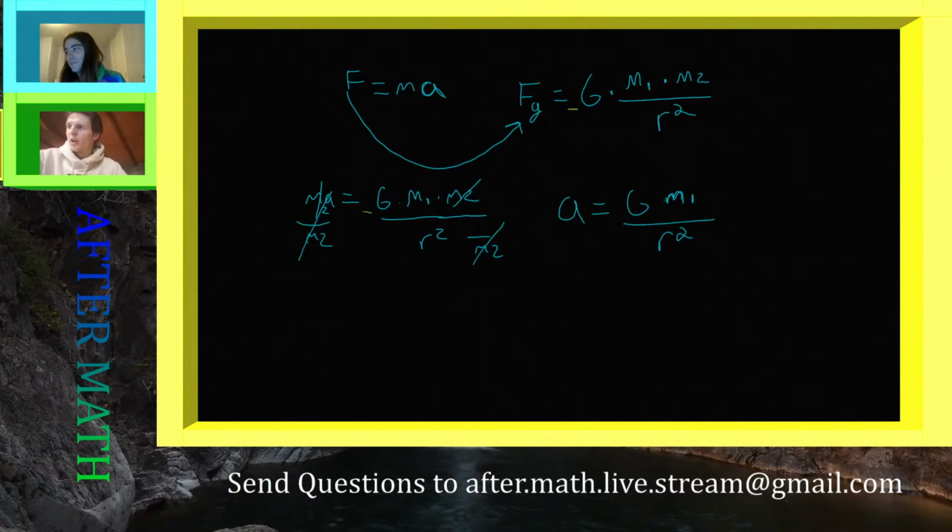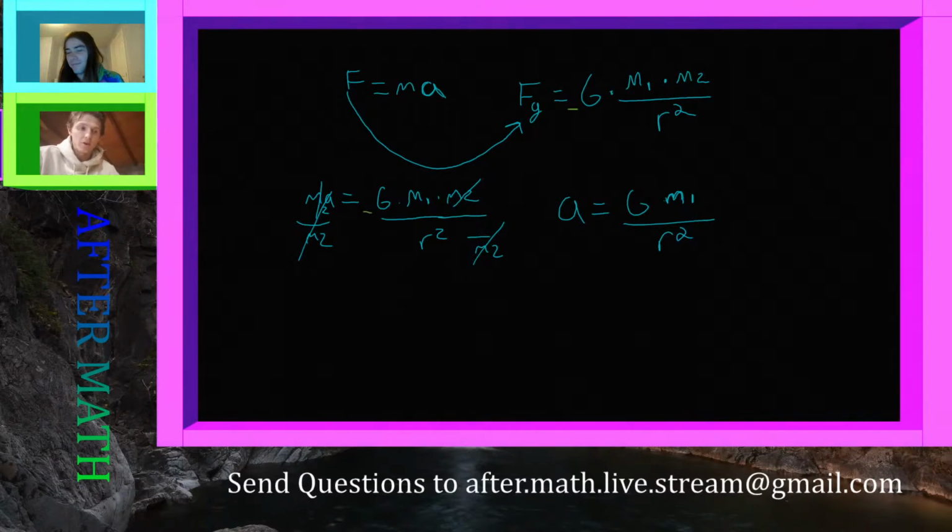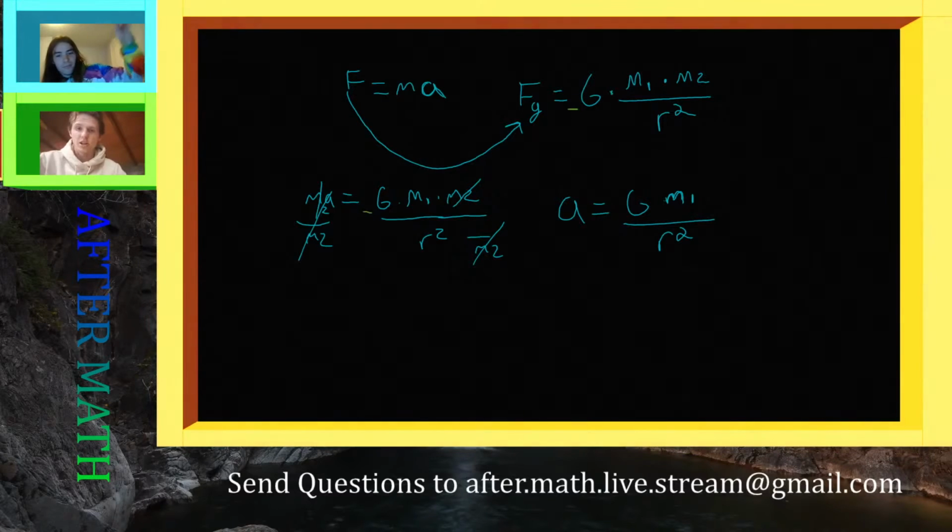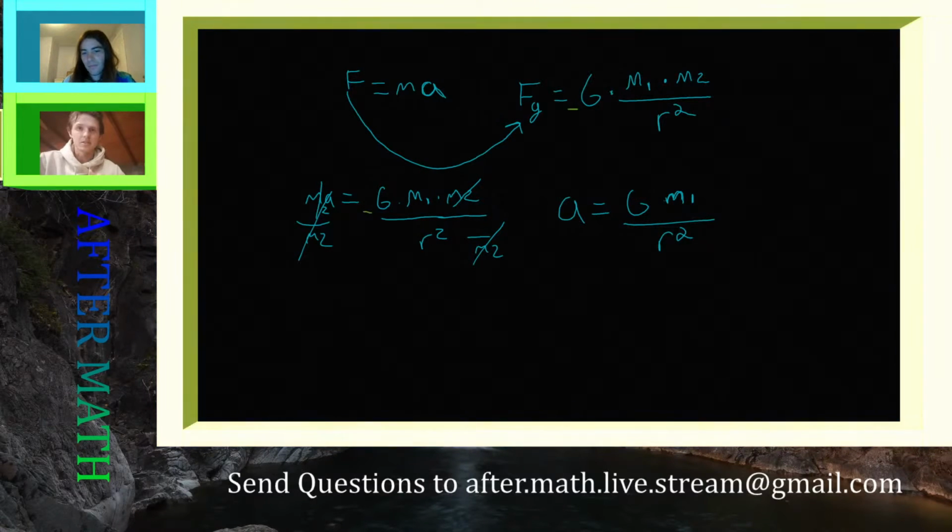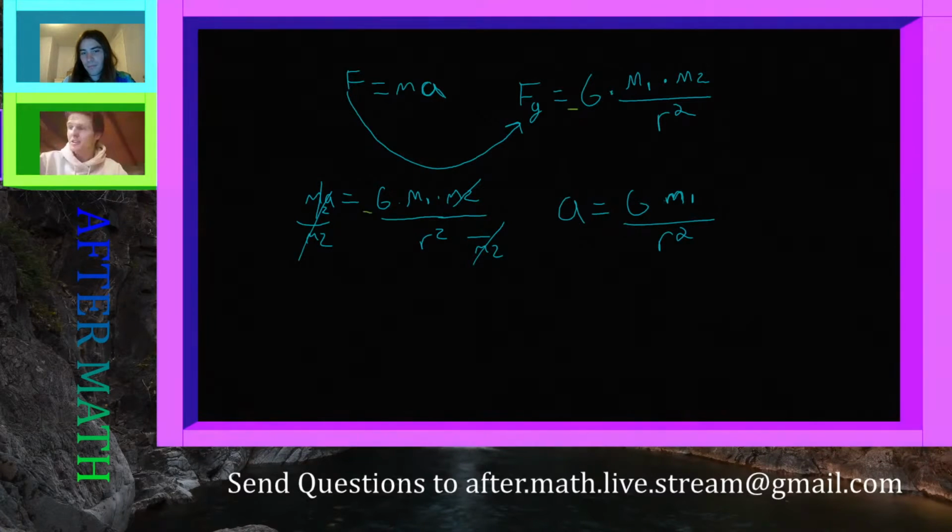Well, the big G and the M1, those are constant, right? Because one is the gravitational constant and M1 is the mass of the Earth, which, as far as I know, isn't changing all that much. That's what I've noticed. What about you?